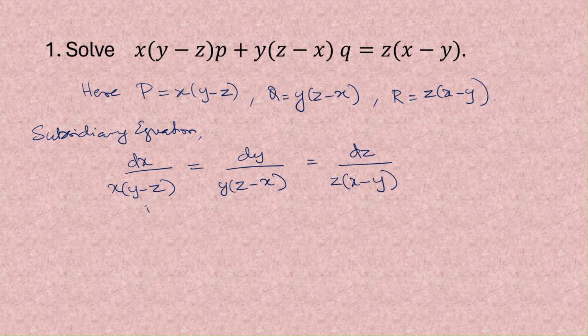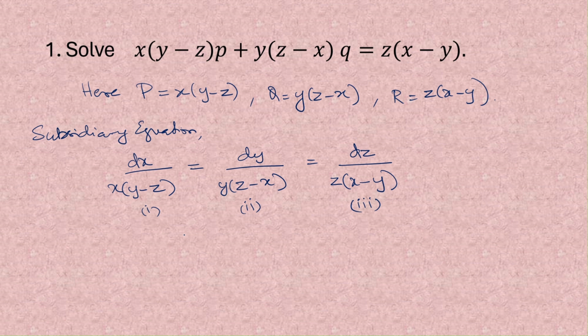Let us call these ratio 1, ratio 2, ratio 3. If it is possible to group the ratios to find the solution, we can use the grouping method. But here it is not possible to find the solution using the grouping method. That's why we are going by the method of multipliers.